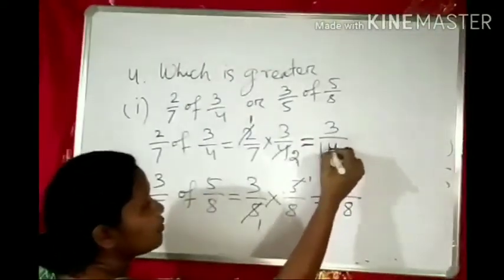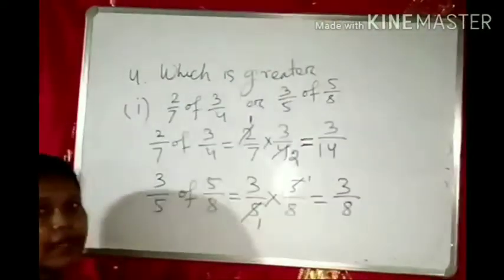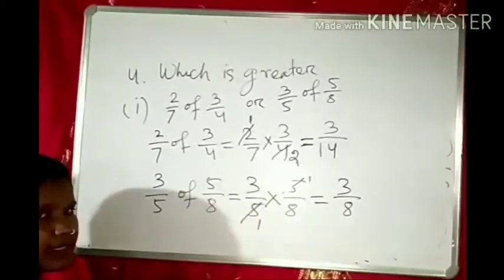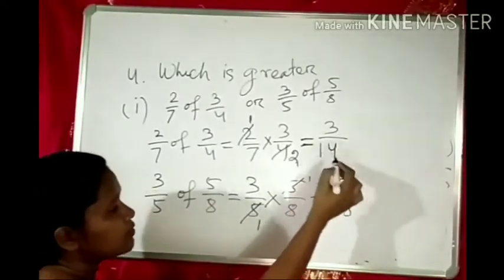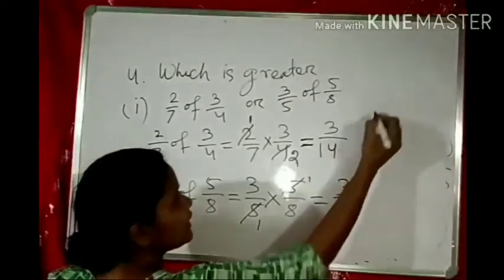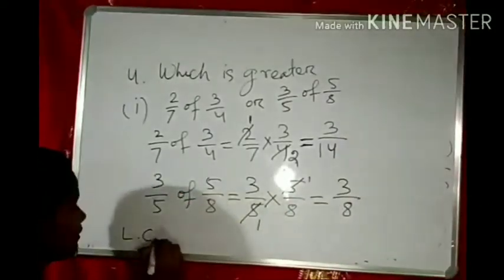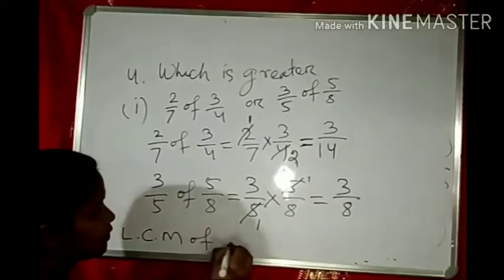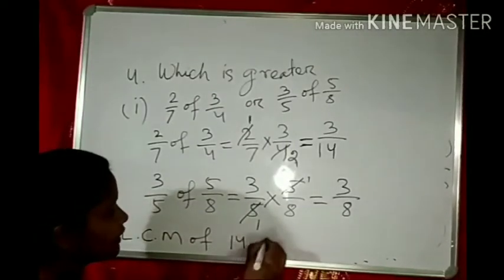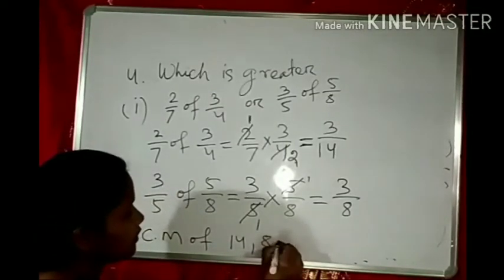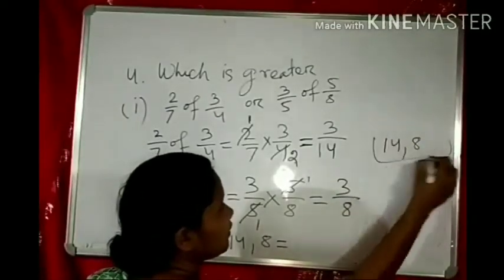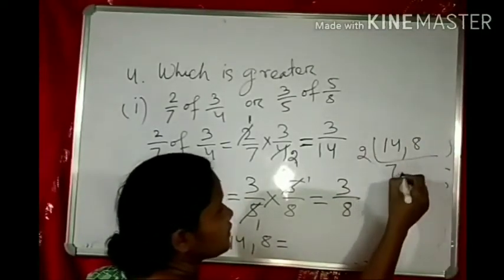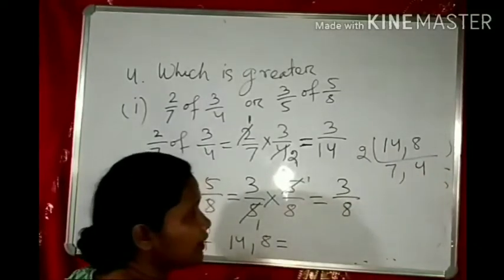For that we have to take the LCM. We have to make them like fractions. So take the LCM of the denominators, 14 and 8. 2 sevens are 14, 2 fours are 8.